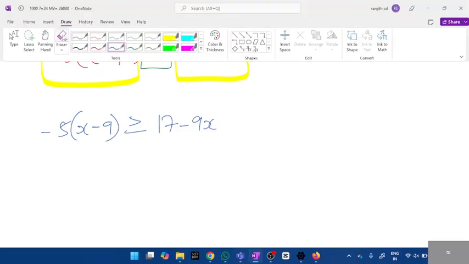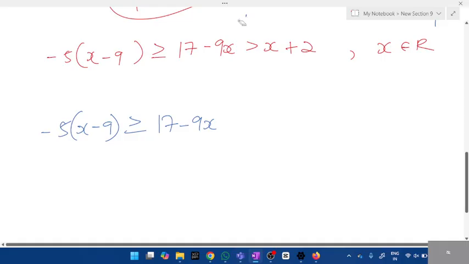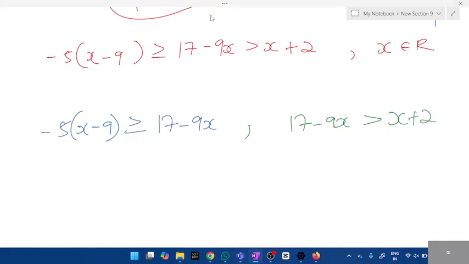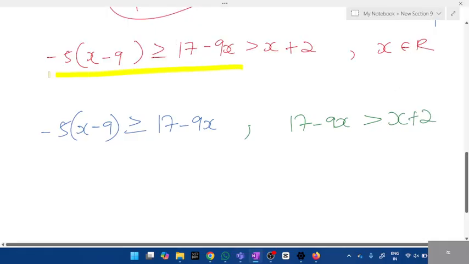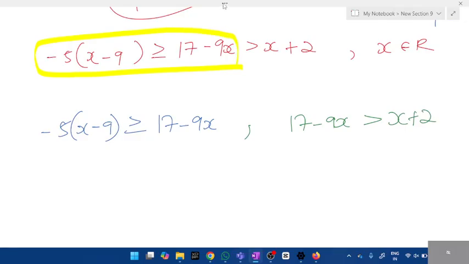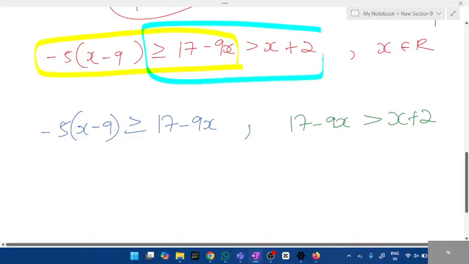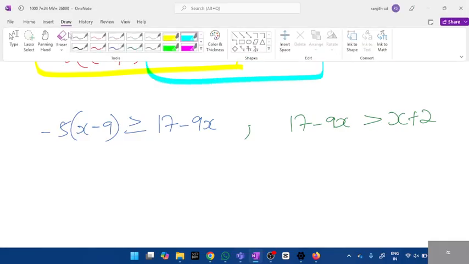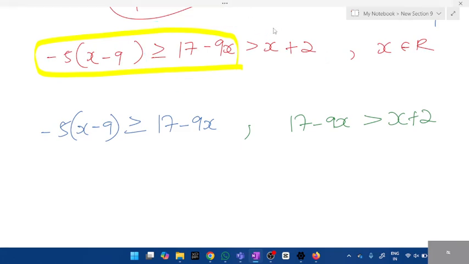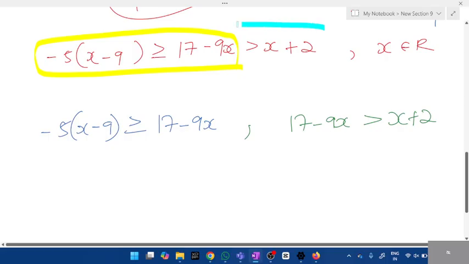Now for the second equation, tell me the left hand side and right hand side. 17 is greater than x plus 2. This is the first equation. The green one is the second equation.